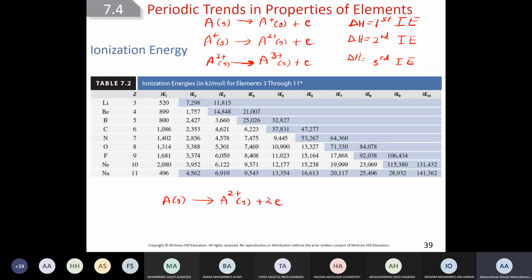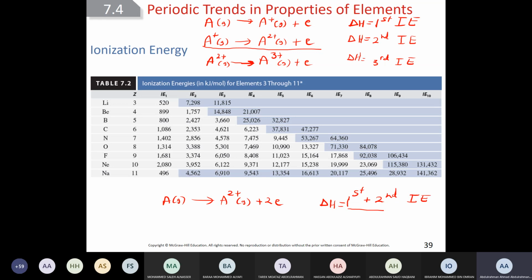What's delta H for this reaction? First plus second. You are adding these two together.